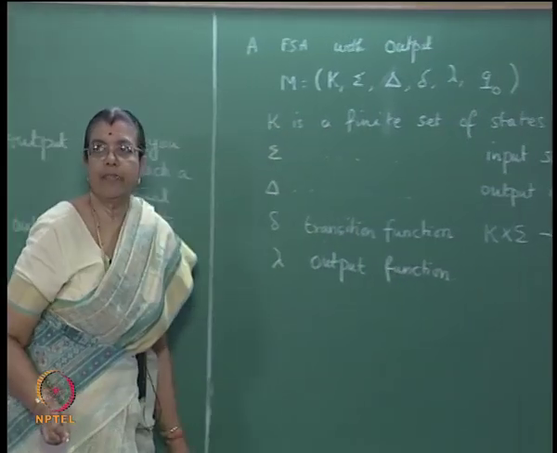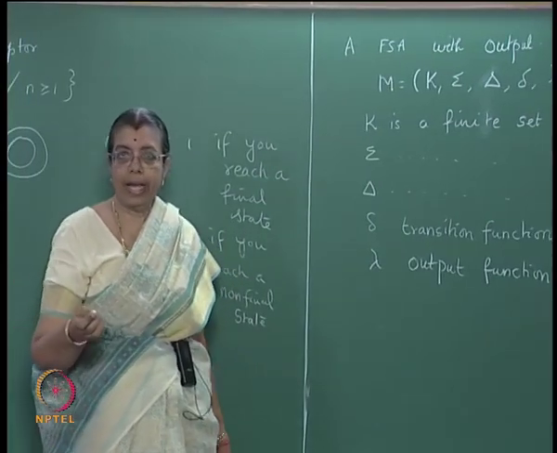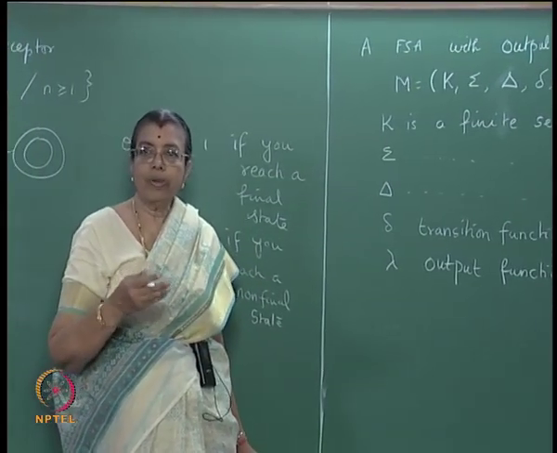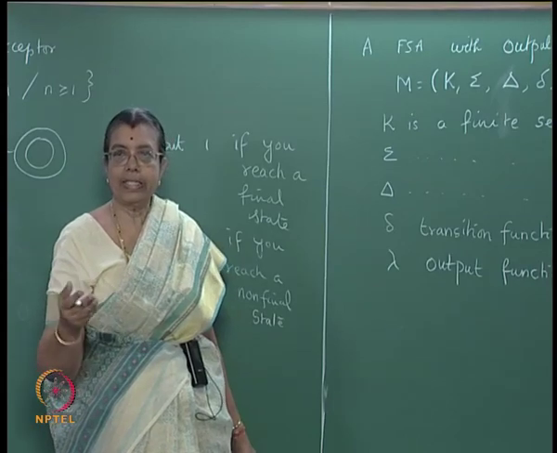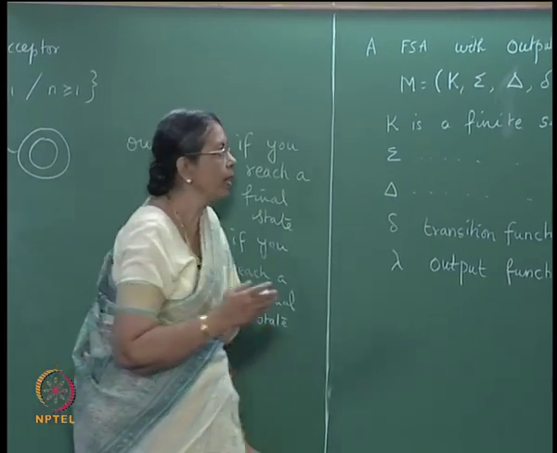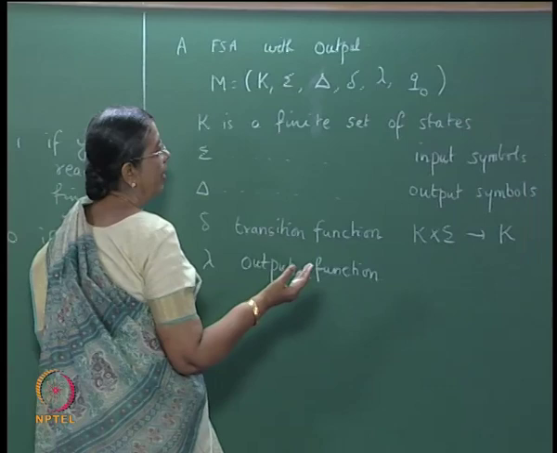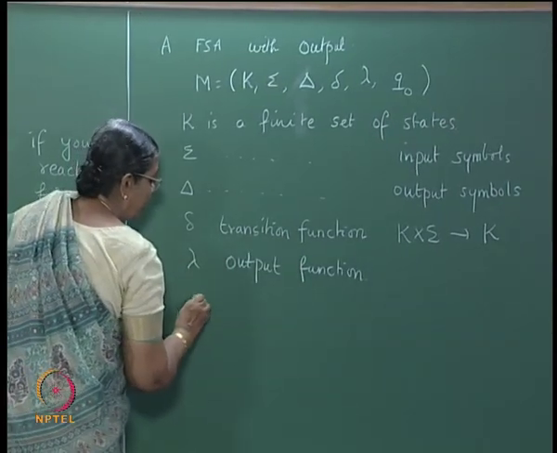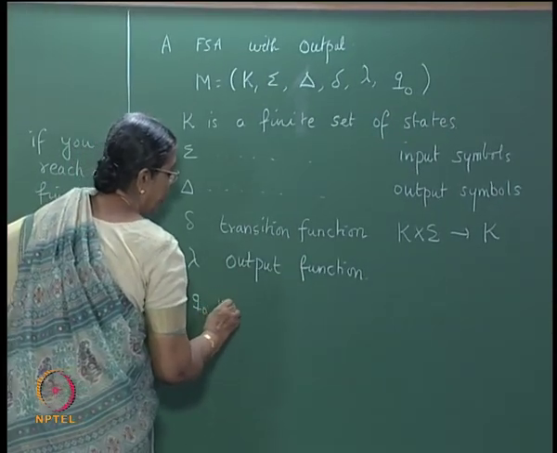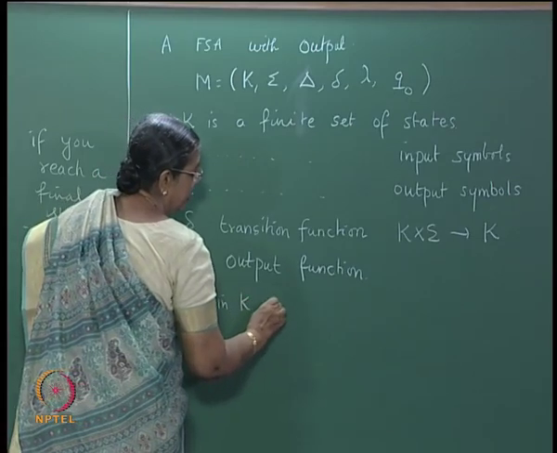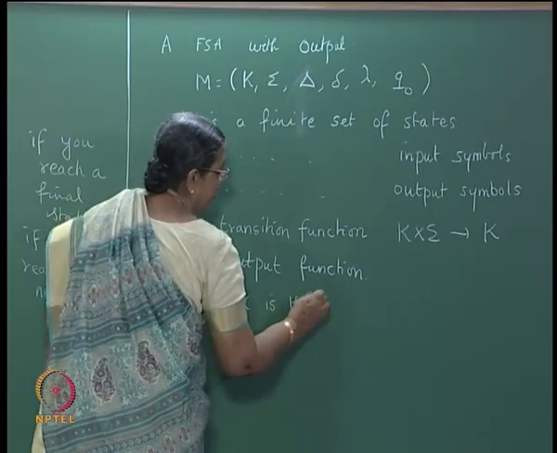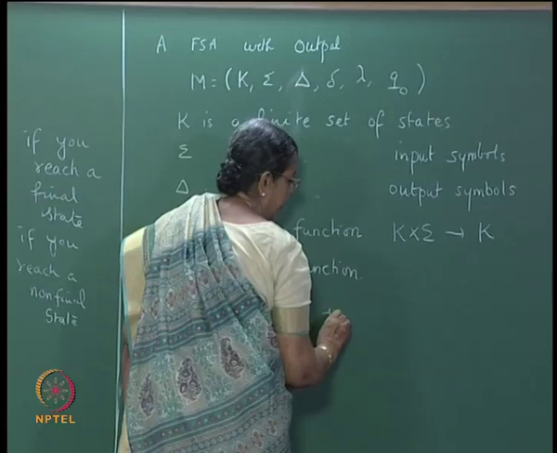We do not specify any final state because we are bothered about the output emitted at each instance of time. So, we do not consider a final state. Q naught is the initial state, Q naught in K is the initial state.